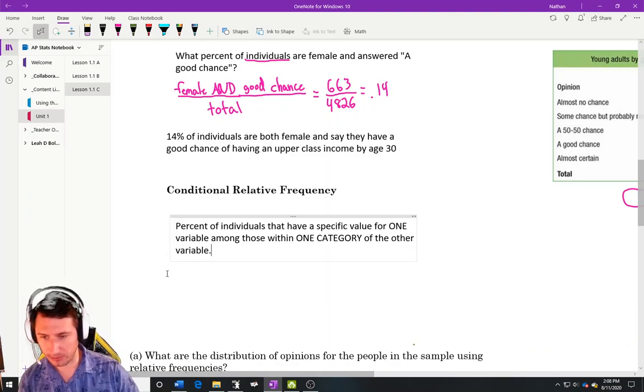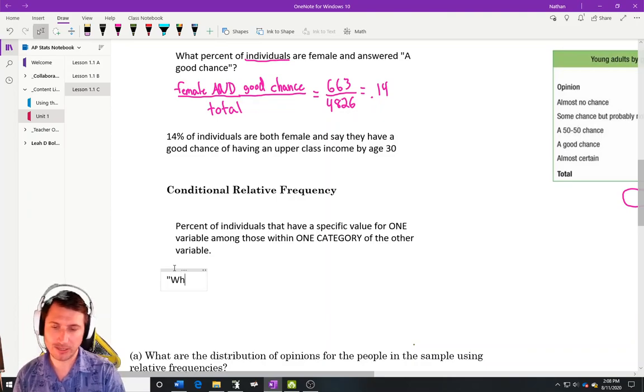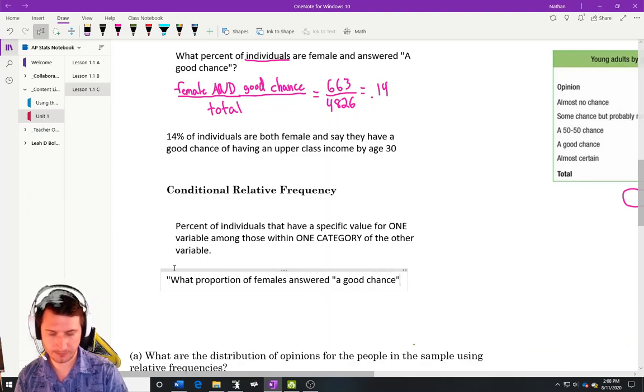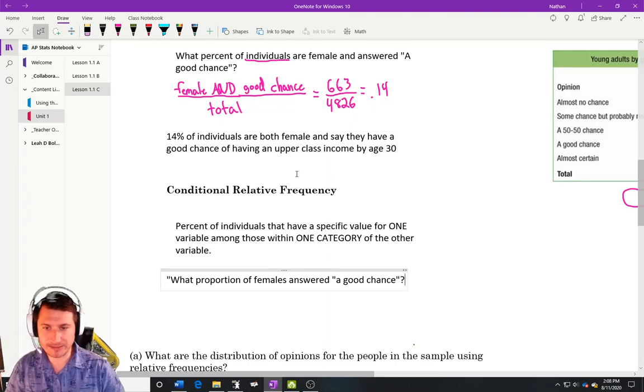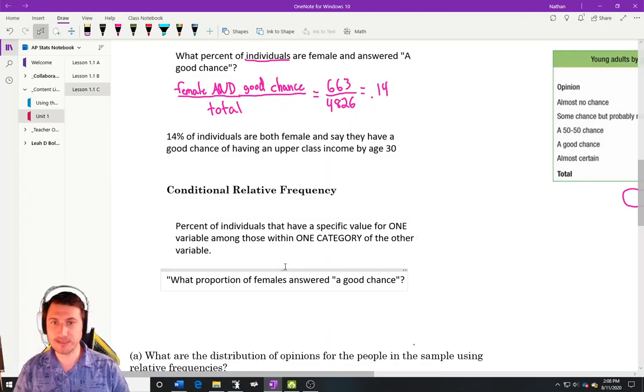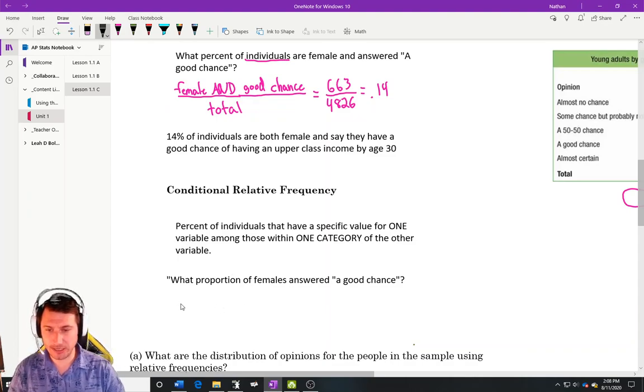Okay. Now, what would a question like that sound like? I could ask, what proportion of females answered a good chance? I'm hoping you see, I tried to make these last two a bit similar, but hopefully you see the difference here. Now my total has changed for this proportion.